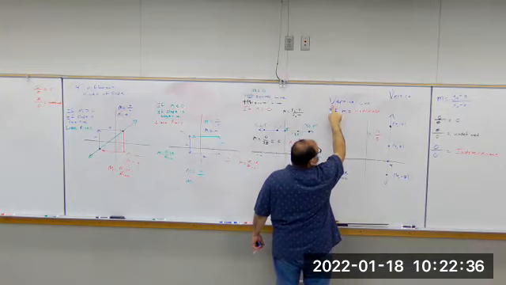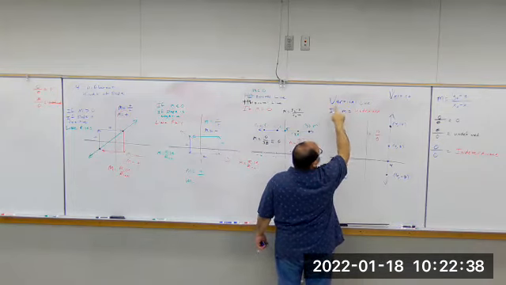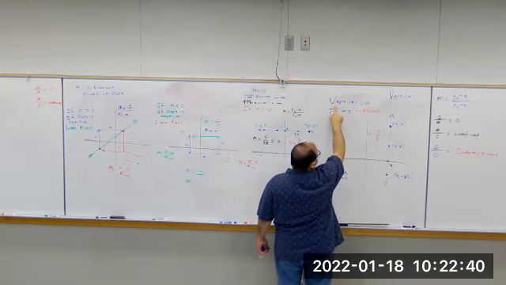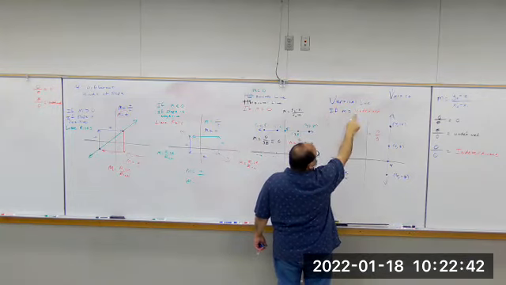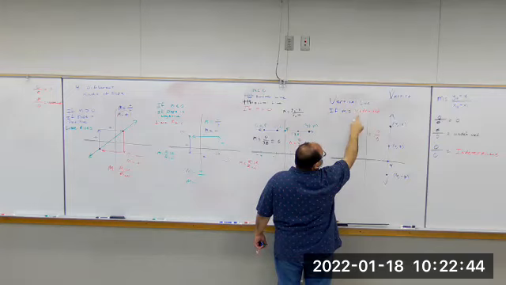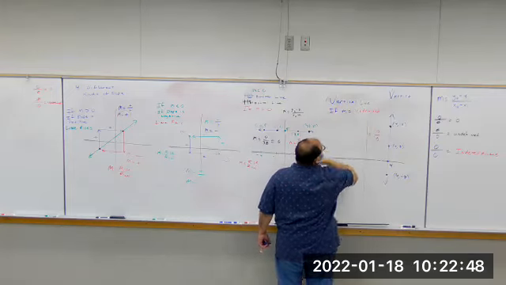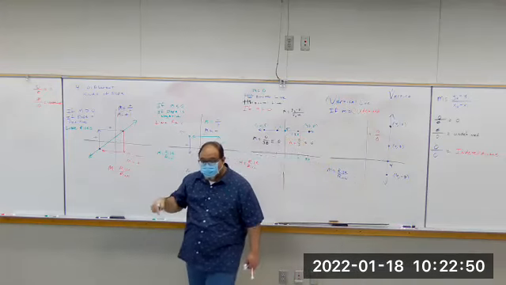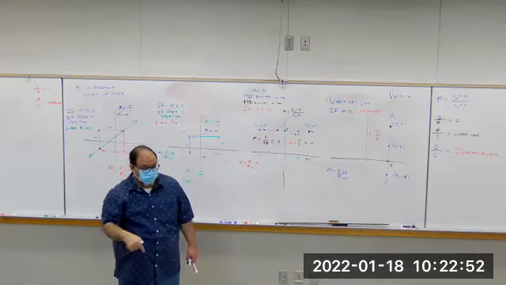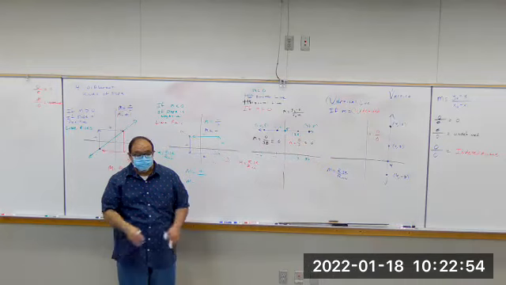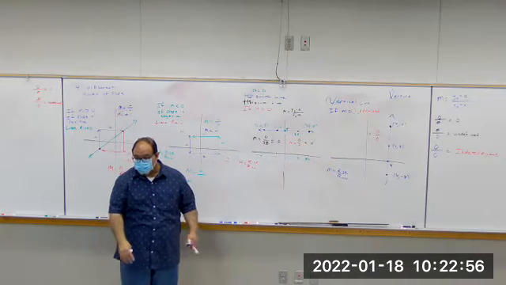I wrote a U, but my U's look like a V. U's and V's kind of look like each other. So the vertical line is the undefined. You got to know which one is which because it's going to save your bacon.